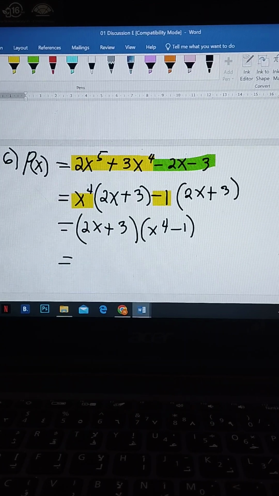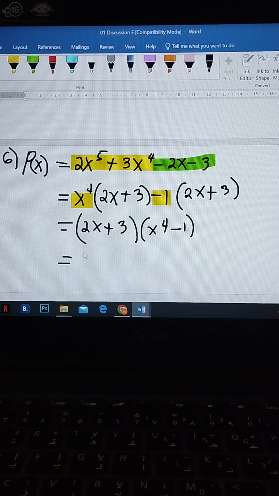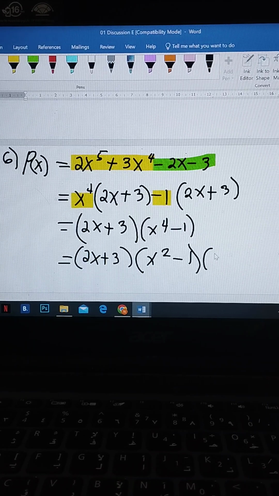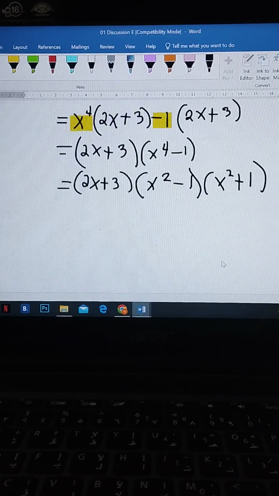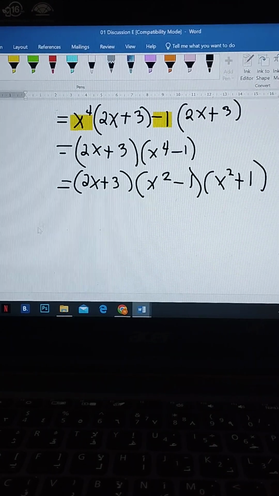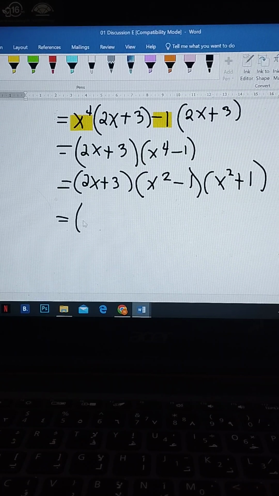Okay, factoring completely, 2x plus 3, so that is x squared minus 1 times x squared plus 1. Since x squared minus 1 is still a difference of 2 squares, you can still factor x squared minus 1.